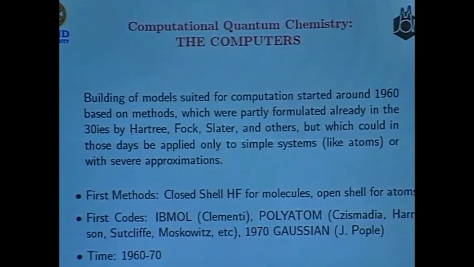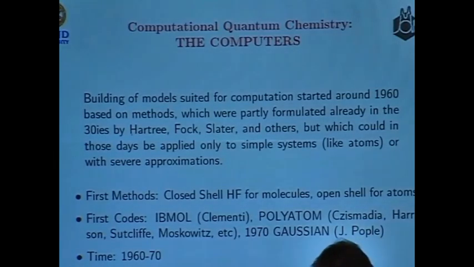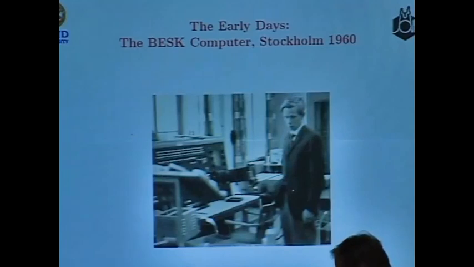They once called us up from the computer center in Stockholm, actually our professor, we were very young, and said there's something wrong because this calculation never stops. And it was just an SCF calculation. That took a long time. So Pople was against it, and he said, I will use C and O. But a little bit later he changed his mind, and in 1970 we got the first version of Gaussian.